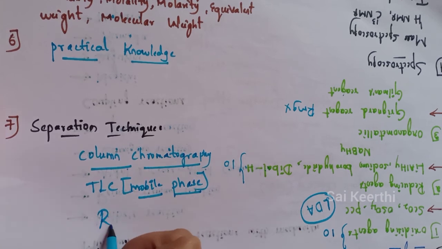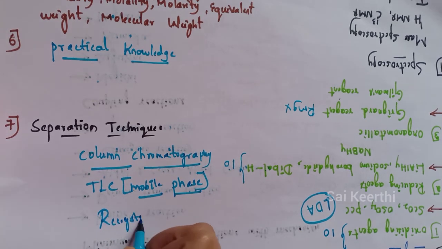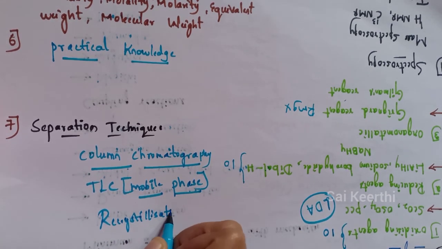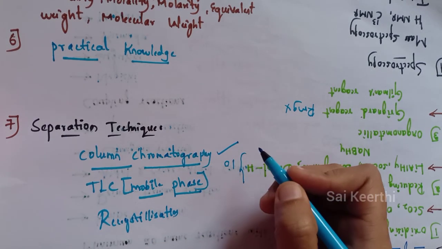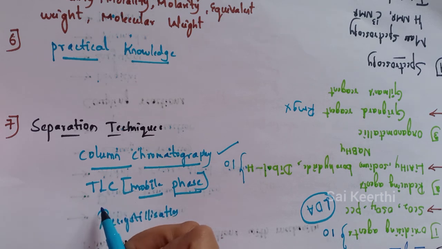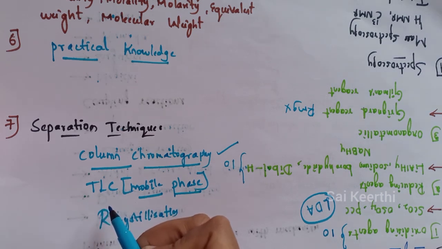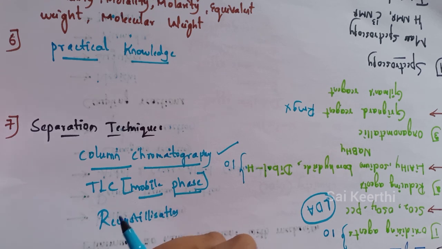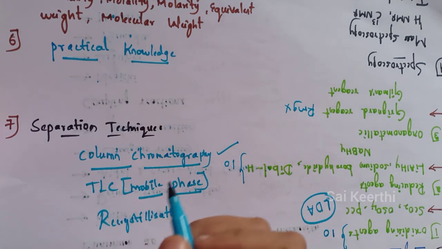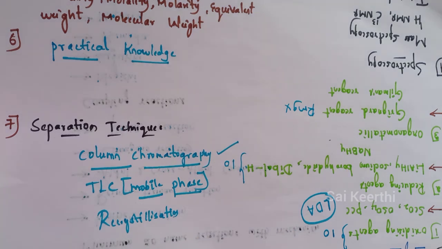You must know what is recrystallization. Study the principle of column chromatography, and in the TLC also you should study about the principle and Rf factor which is involved in the TLC, and what is the difference between column chromatography and TLC. These are all the separation techniques.